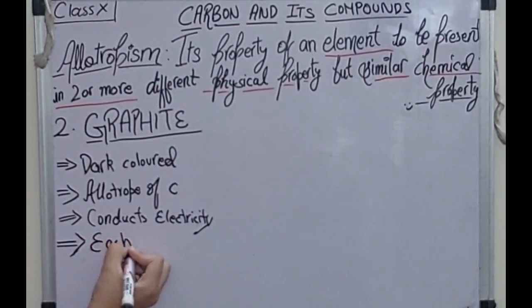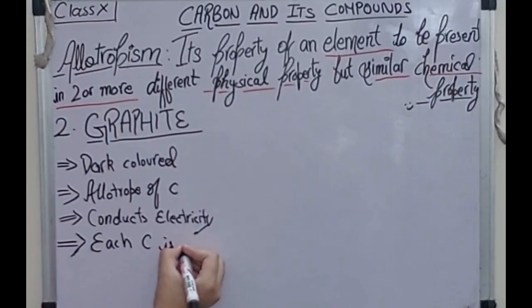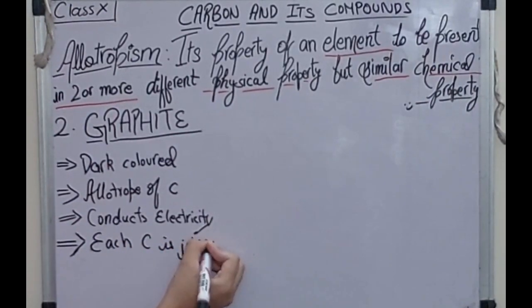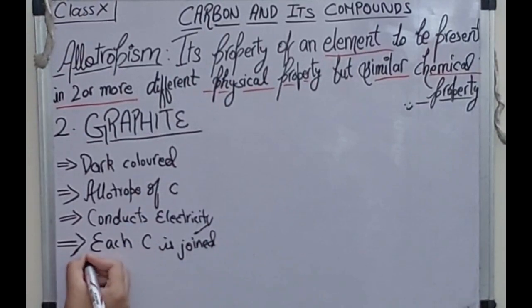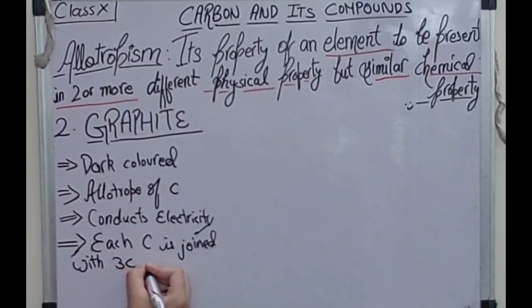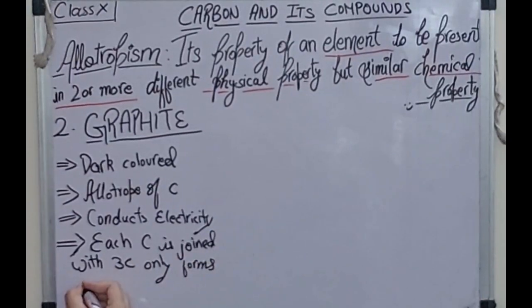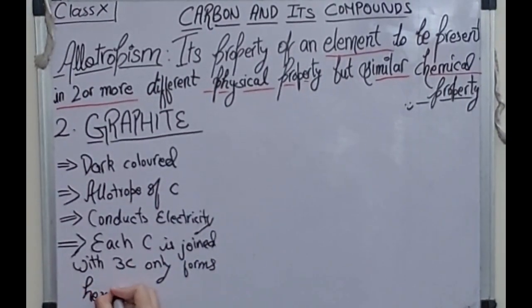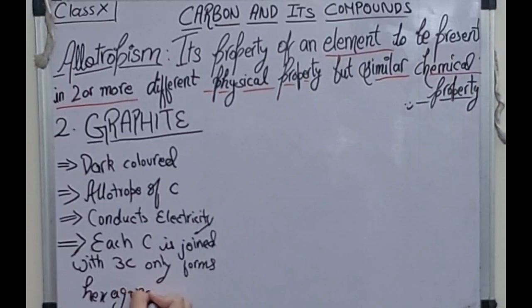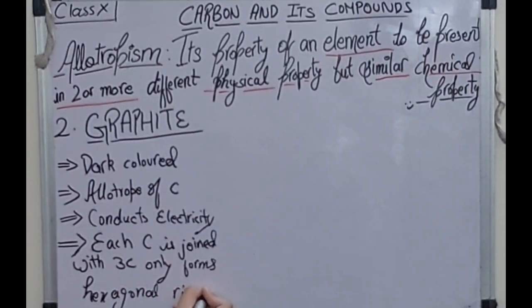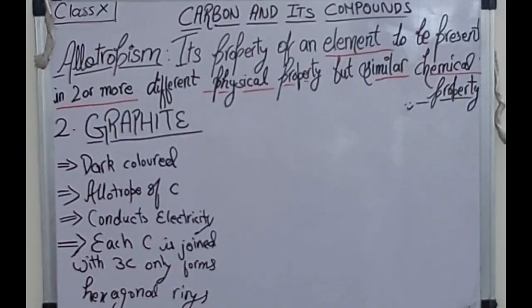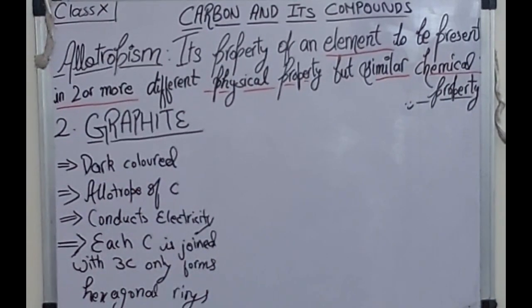Now the fourth was each carbon is joined with three carbons only, forming hexagonal rings. Okay, now let me discuss all the 4 points.